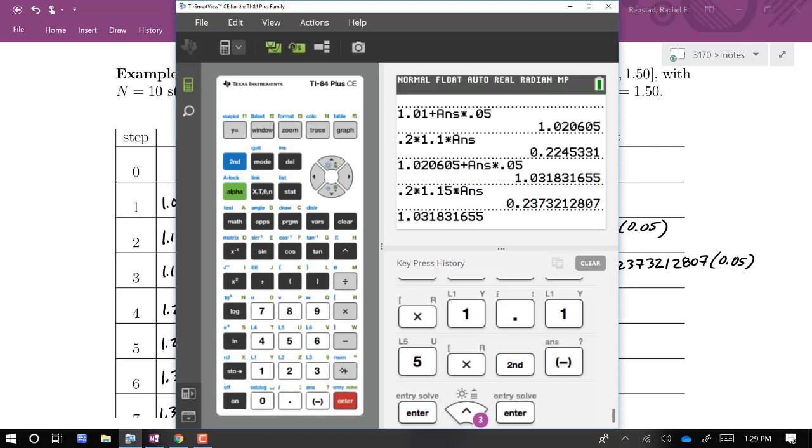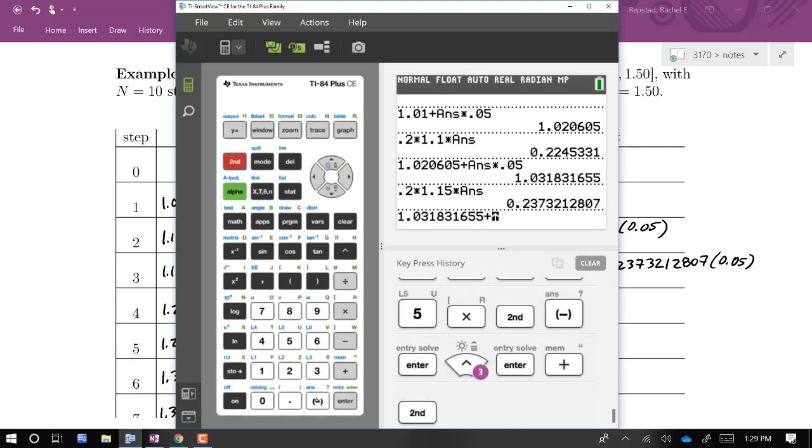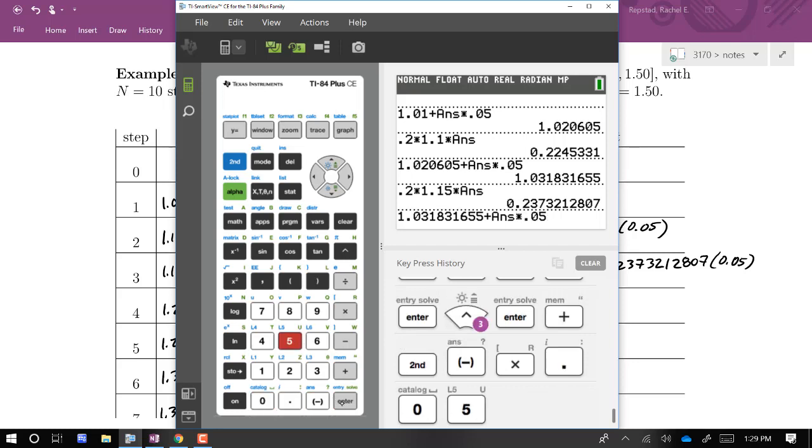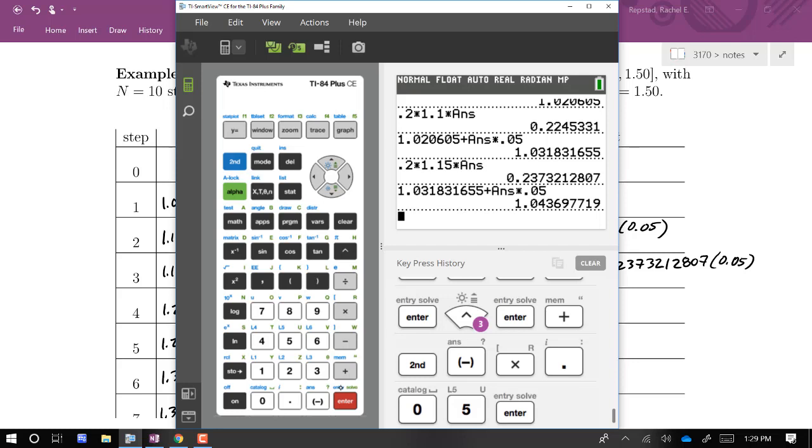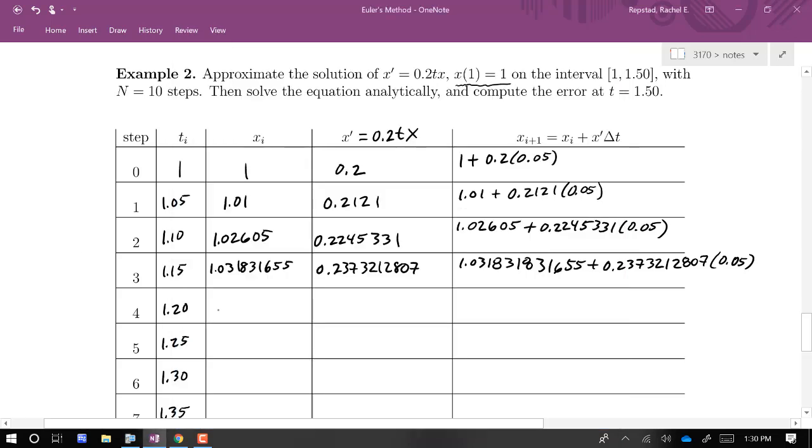Old x plus x prime times delta t. 1.043697719.